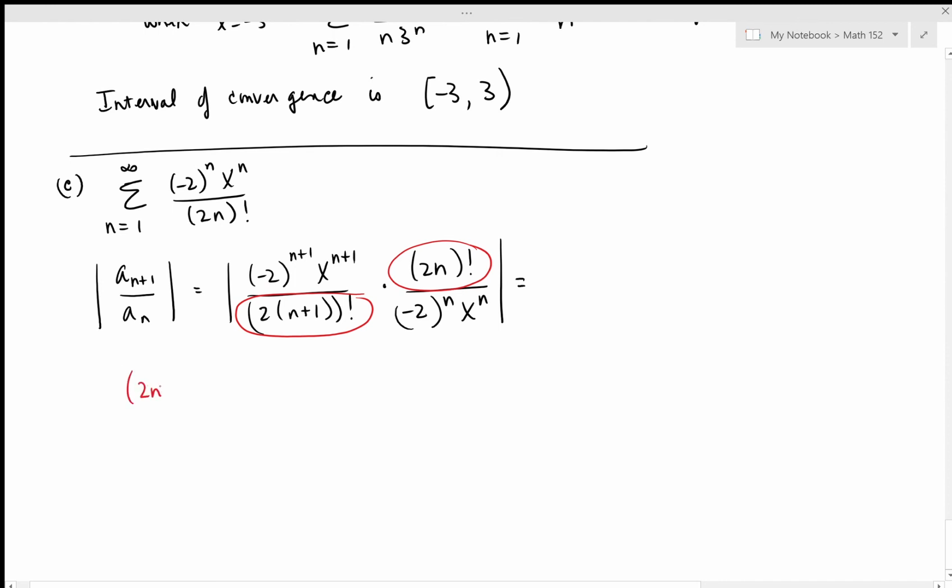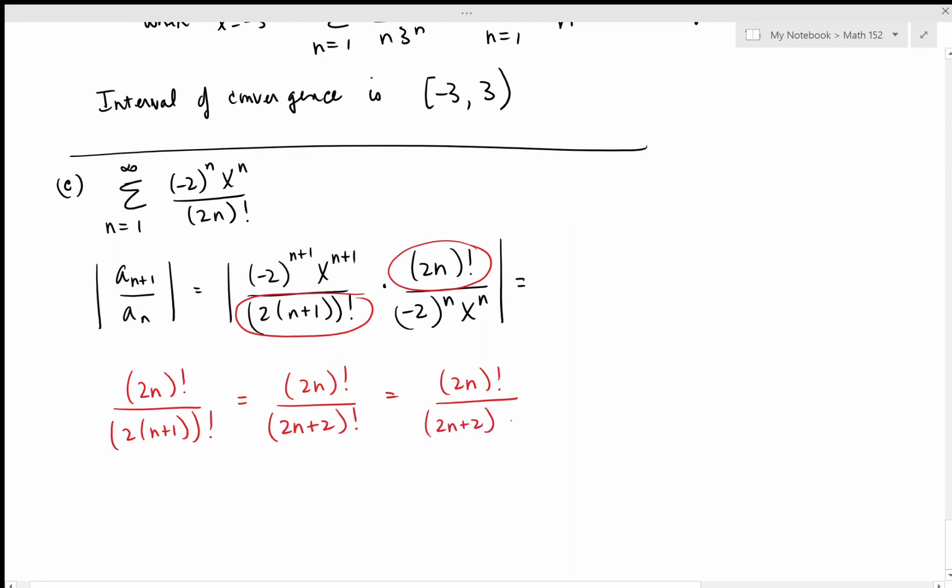I'm going to be simplifying this, and I want to do a good job of that because I don't want to draw the wrong conclusion here. So let me write this in this way, 2n factorial, and then I'm going to distribute that 2, and I'm going to get 2n plus 2 factorial. That's going to look like 2n factorial divided by 2n plus 2, 2n plus 1, and then 2n factorial.